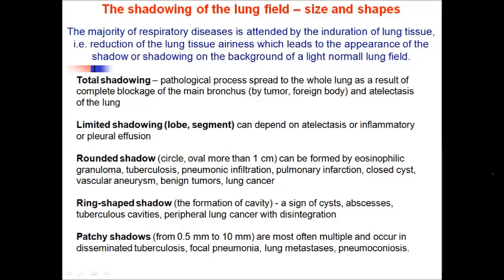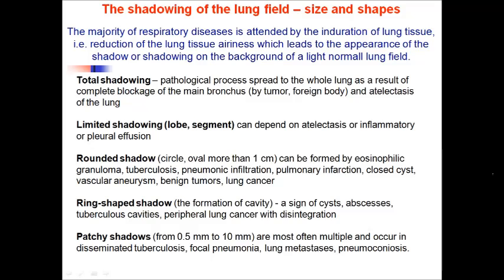A rounded shadow, circle or oval in shape, more than 1 centimeter in size, can be formed by different pathologic processes such as eosinophilic granuloma, tuberculosis, pneumonic infiltration, pulmonary infarction, closed cyst, aneurysm, benign tumors, or malignancies of lungs.